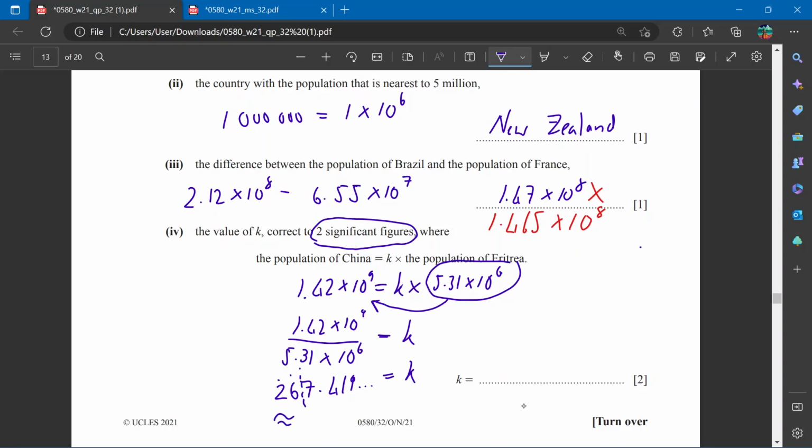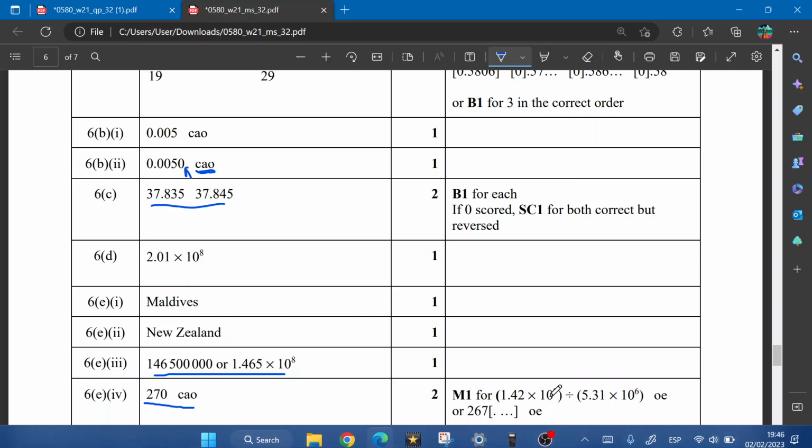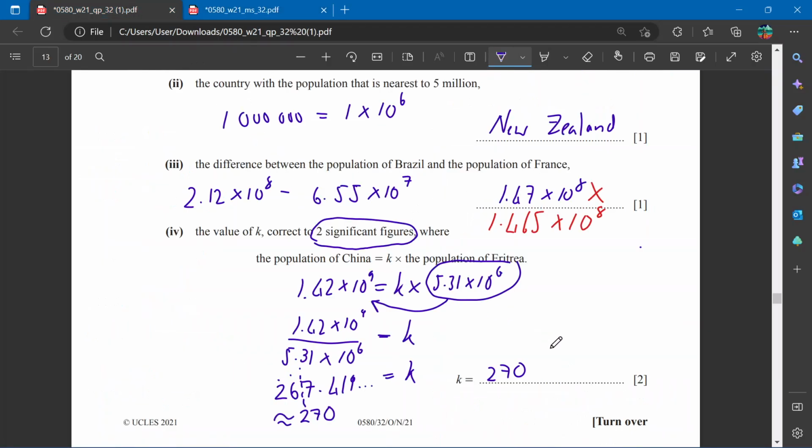That's when we round it to 2, 7, and put the 0 because it's not 26, it's 270. 270, correct answer only. Okay, you get 1 mark for doing that division sum there. Okay, or if you show the non-rounded answer.